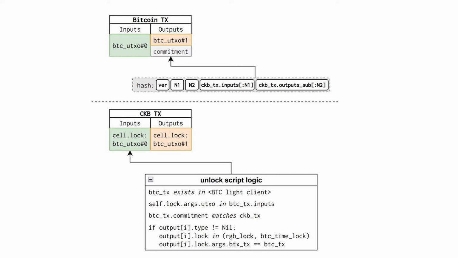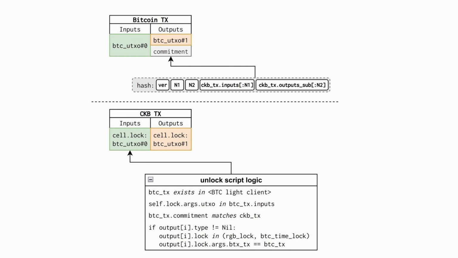With this technology, we do bidirectional binding between the Bitcoin transaction and the CKB transaction, and between the Bitcoin UTXO and the CKB UTXO, or what we call the CKB cell. So we make sure that this transaction is controlled and constrained by the CKB smart contract. That's how we achieve Bitcoin layer 1 programmability with the RGB++ protocol.